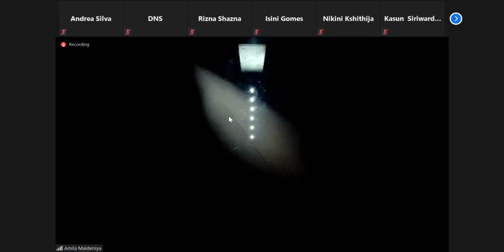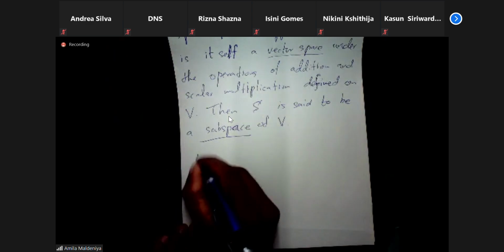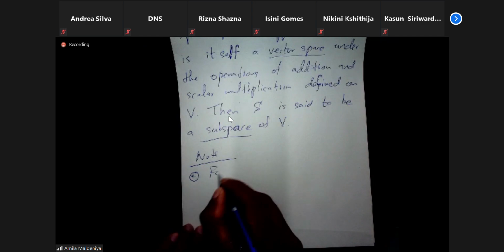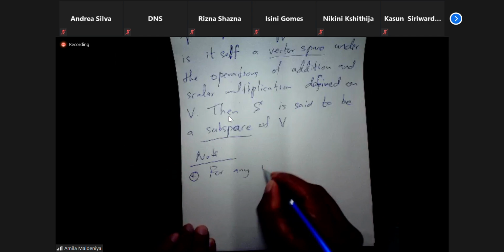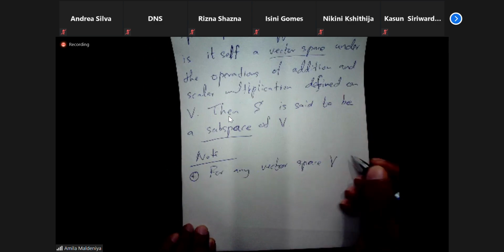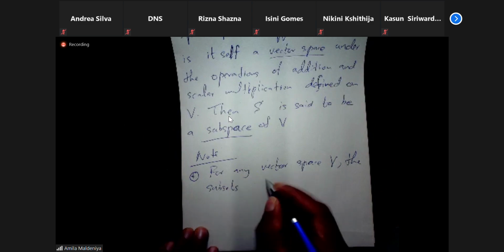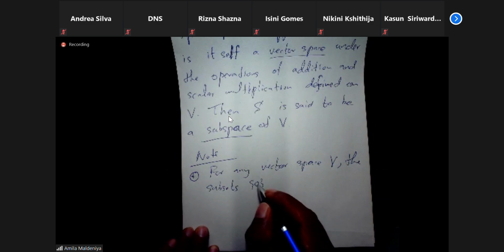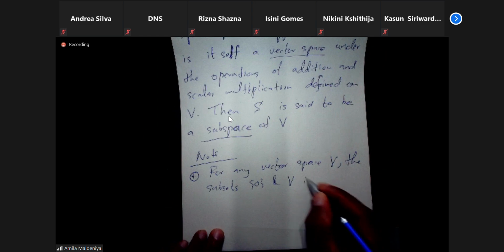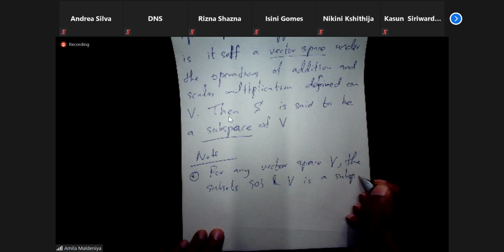Now let me write down a note. For any vector space V, the subsets {0}, just the additive identity element, one element, and the whole set V are subspaces.